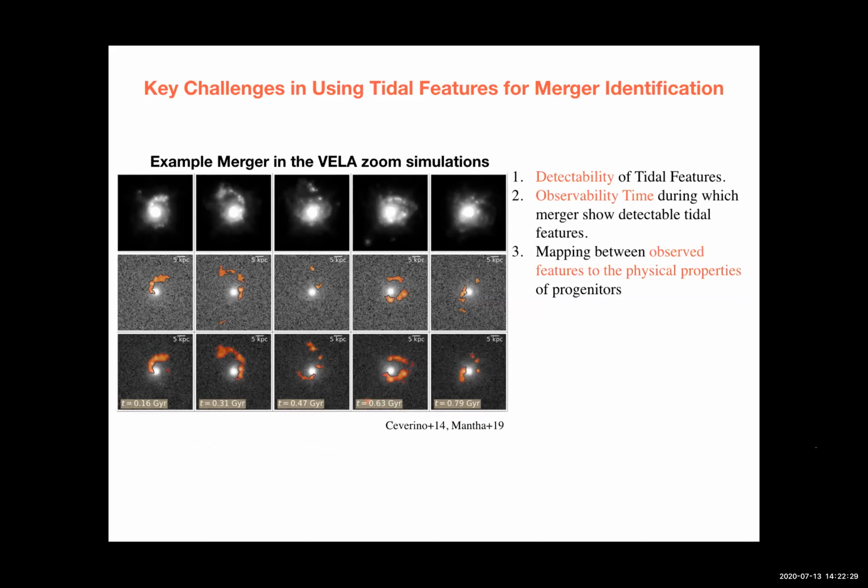So in this example, I'm showing an example merger from the Vela zoom-in simulations from my 2019 paper. And then overlaid on top of it is the extracted features using my 2019 residual feature extraction method. So we developed this way of extracting features around merging galaxies and quantify the surface brightness and possibly even additional quantitative metrics about the features themselves.